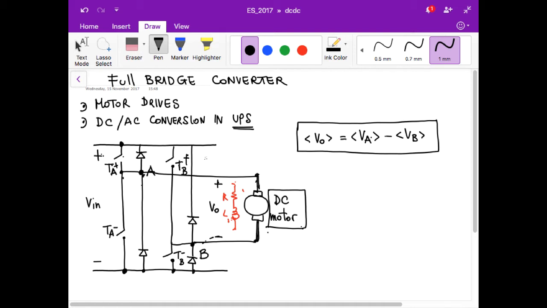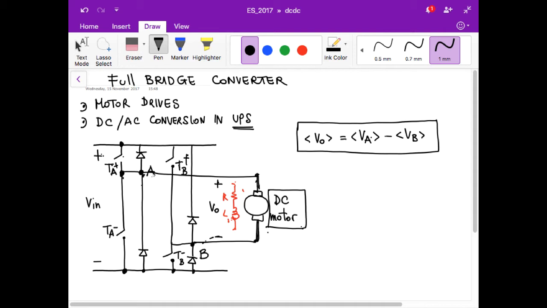The way in which this works is quite simple, in the sense that depending on the duty cycle of TA plus and TA minus, I can have a rectangular wave on the node A, which can have an average value between plus V in and 0.